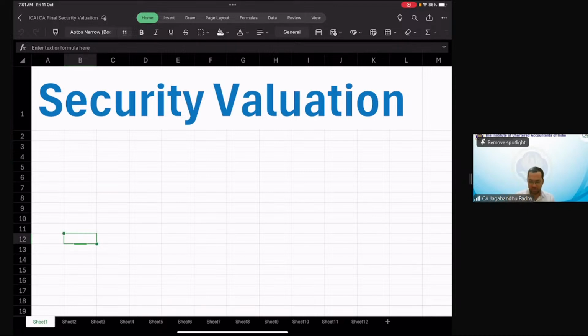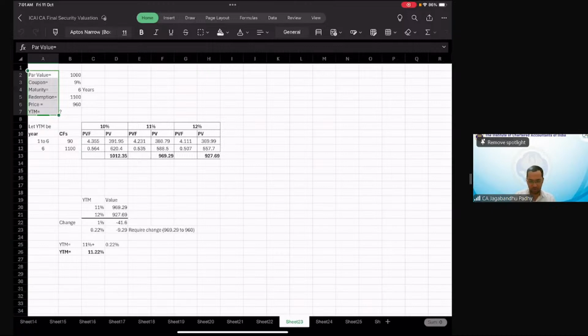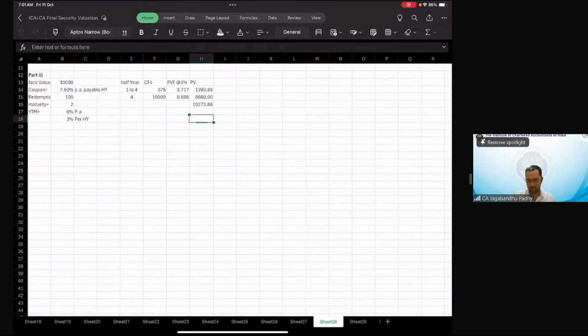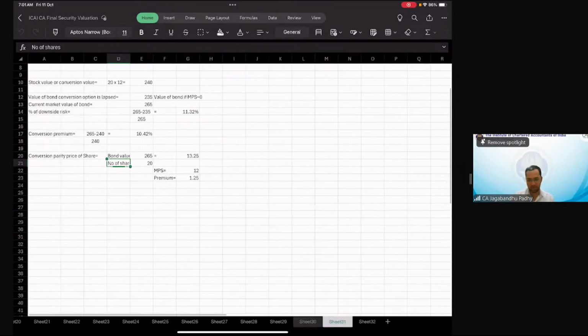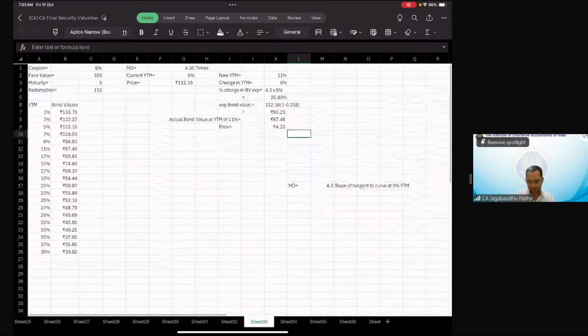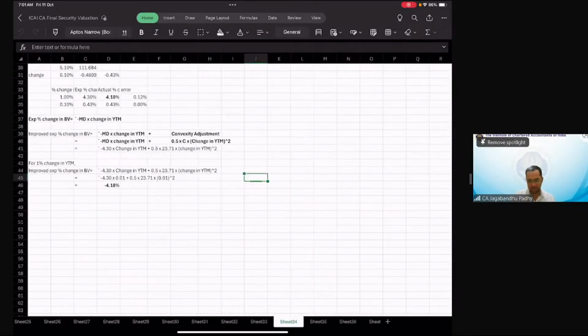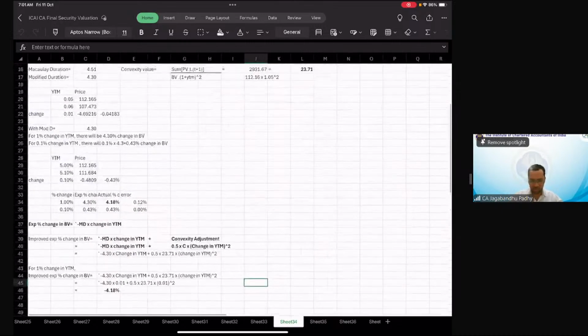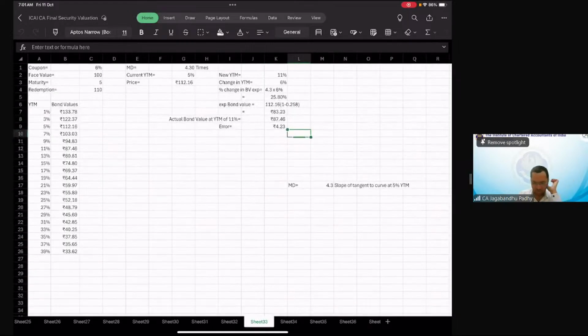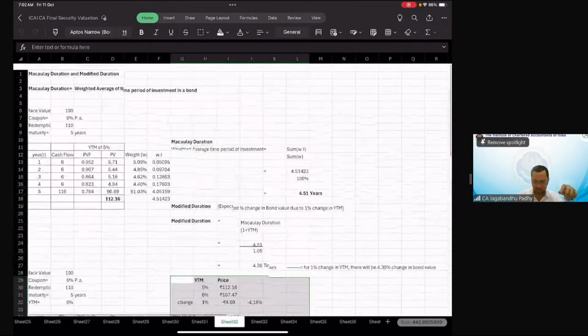But what was really interesting in bond valuation was the sensitivity of the bond value with respect to the YTM, right? And there we did a bit of mathematics and physics, wherein we said that the degree of error was more when you were looking for a larger change in YTM, whereas the degree was not that significant when you were looking for smaller changes in YTM.